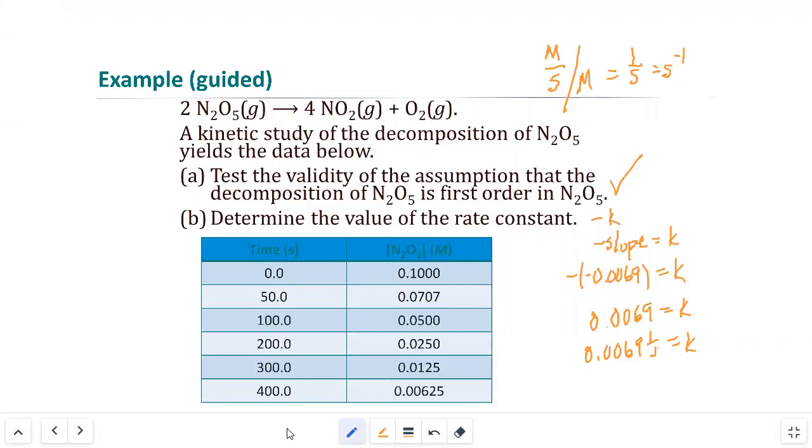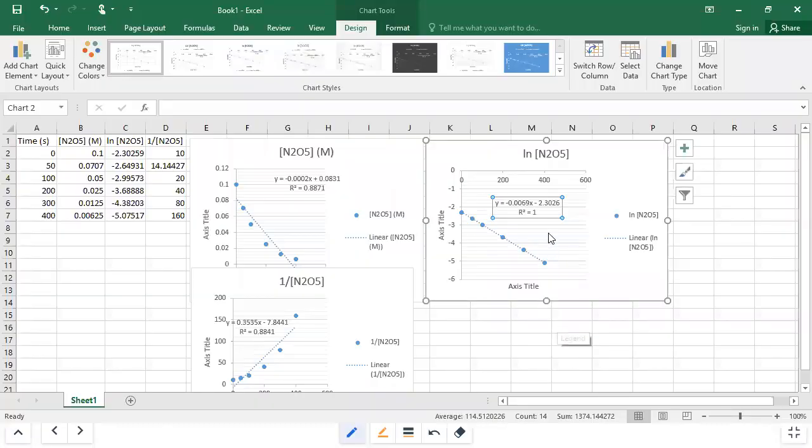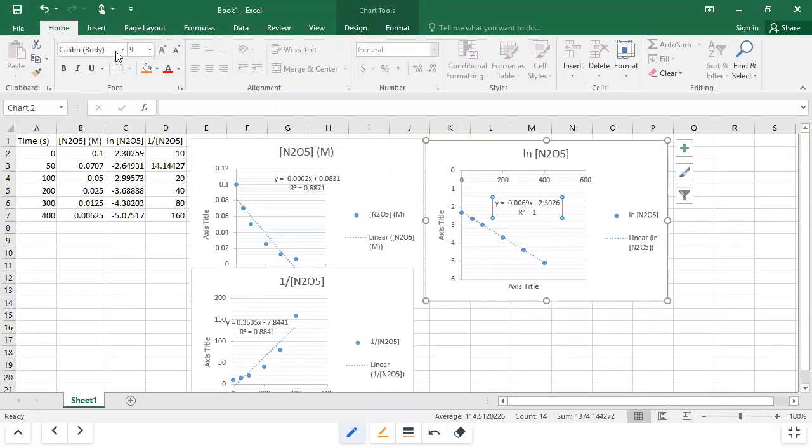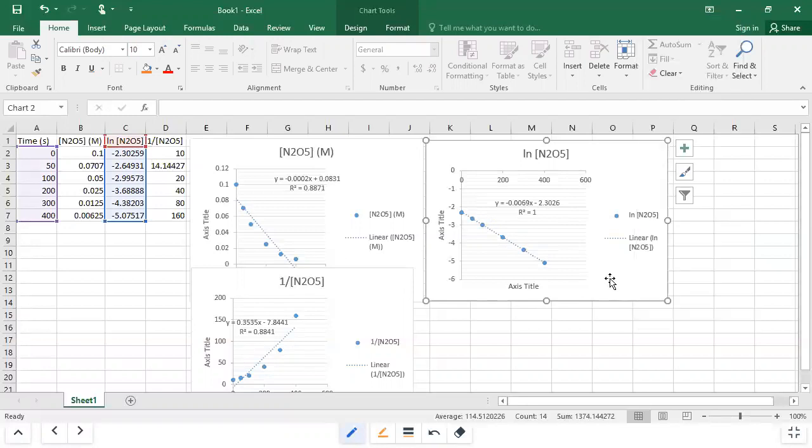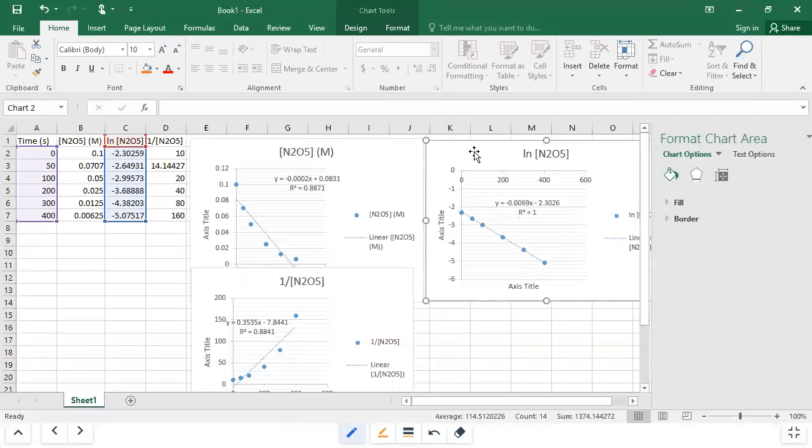Now, another question that you might have is, well, what do I do about significant figures? It seems like most of these values have at least 3. This only has 2. How do I fix that? And the way to go about that is you can tell Excel how to treat the numbers and get your values up that way.